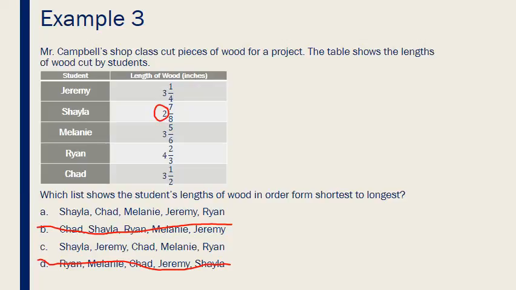Well, we got 3 1/4, 3 5/6, and 3 1/2. We have to figure out which one's the next shortest length. Let's see. How do we find out? I want you to think, I want you to pair, I want you to share. Which one's shorter? Jeremy, Melanie, or Chad?